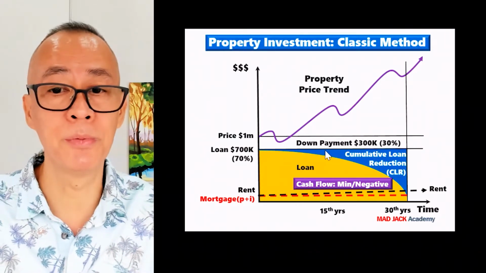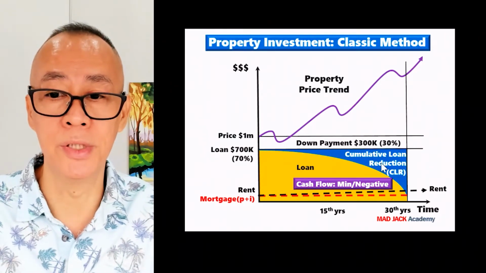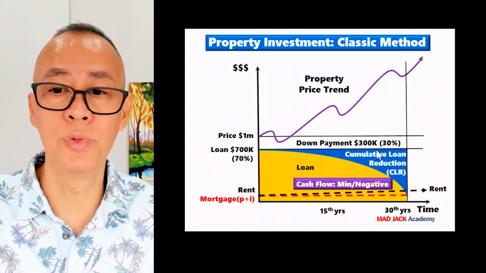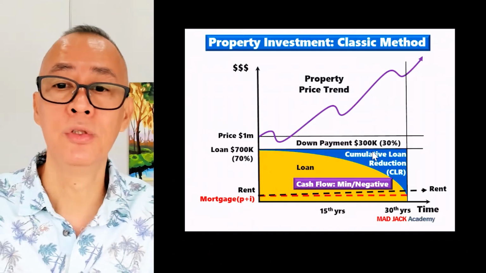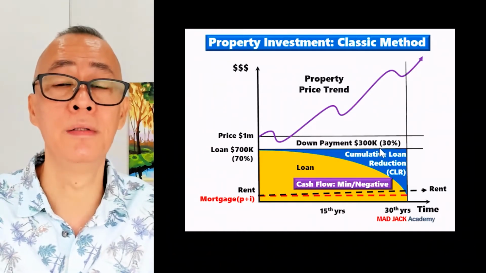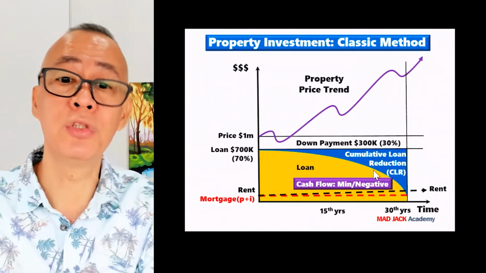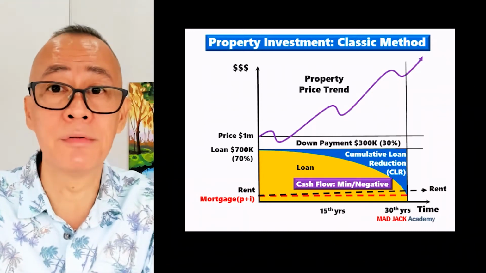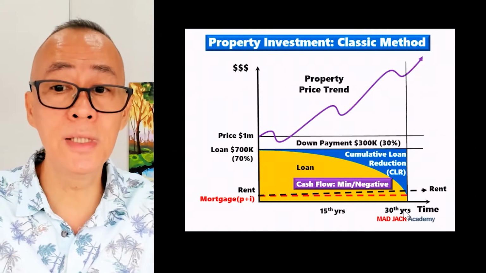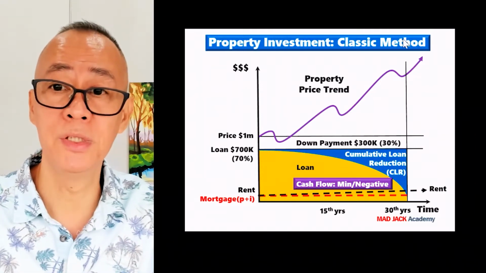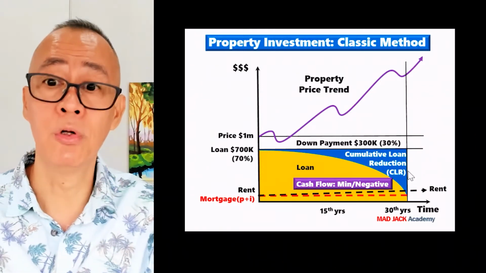So the principal portion has increased over the years. Towards the first few years, the interest portion is very high. Towards the end of it, the interest portion is very low because your loan could be just maybe 100,000, 50,000. As you go, maybe it becomes zero. So 30 years you pay off. So the property is free. The whole loan is yours.